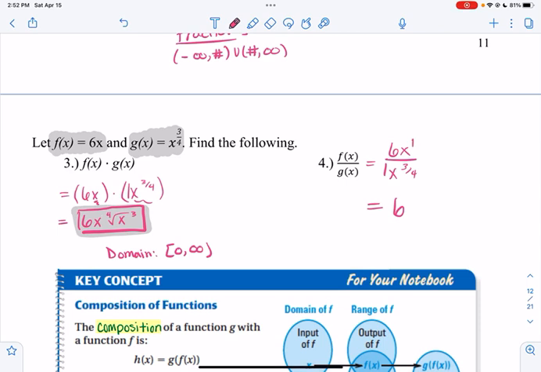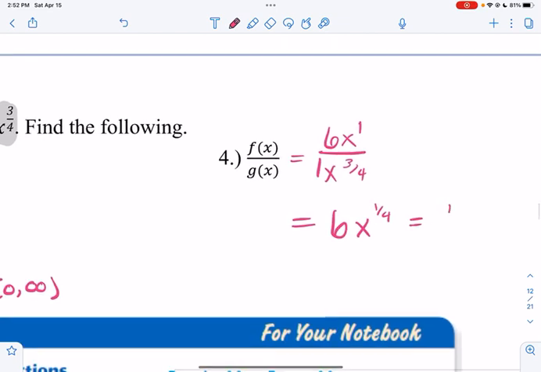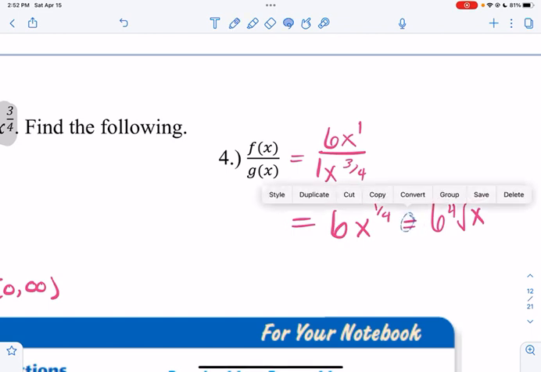So 1 minus 3/4 gives you 1/4. So you get 6x to the 1/4, and we'll just rewrite that in root form. So 6 times the 4th root of x. Don't necessarily need the first power, but if you want to put it there, you could.